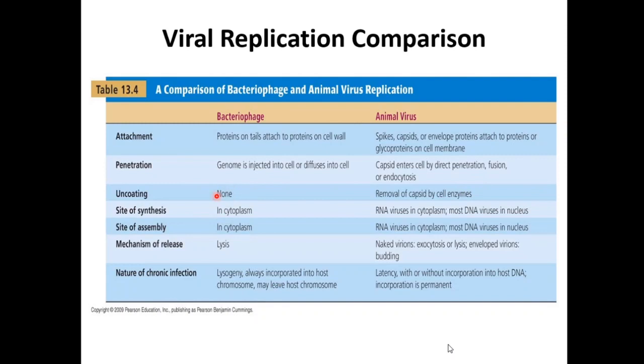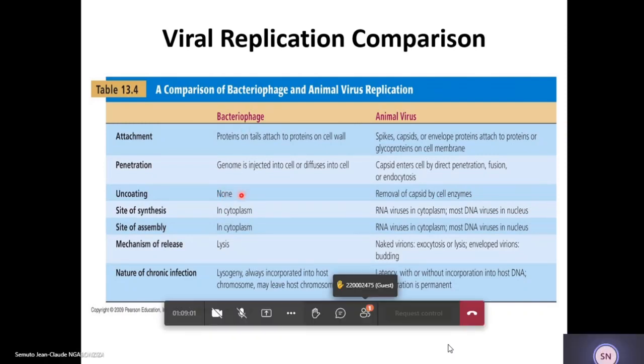Uncoating: there is no uncoating in bacteria because the DNA is the one ejected in. In animal cells, it has to be uncoated, with removal of the capsid by cell enzymes. In bacteria, the capsid remains outside and doesn't get in.